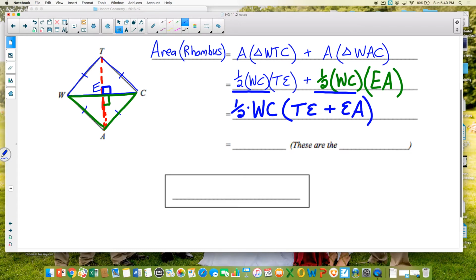So we did a little factoring. From TE to EA, if you look at that red line, TE plus EA is really TA. So we end up with 1/2 of WC times TA. And if you look, WC and TA are both diagonals.